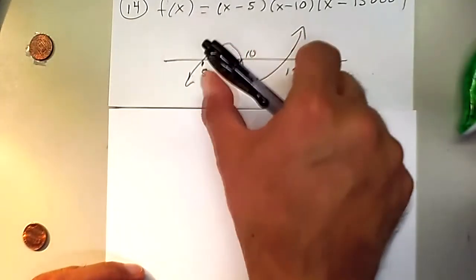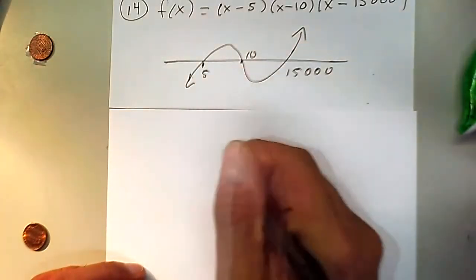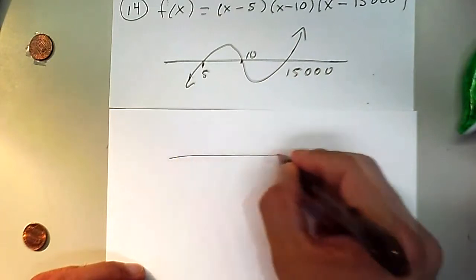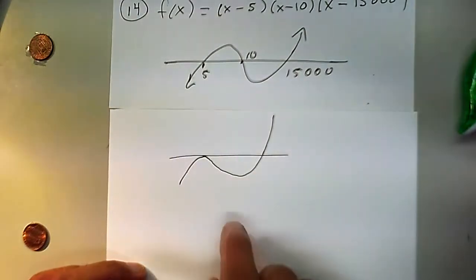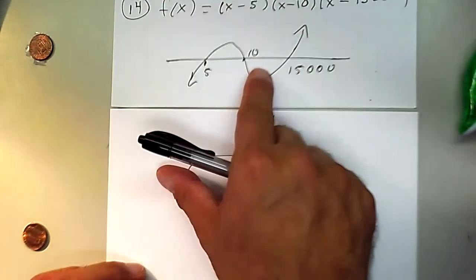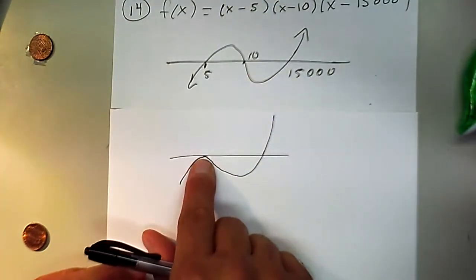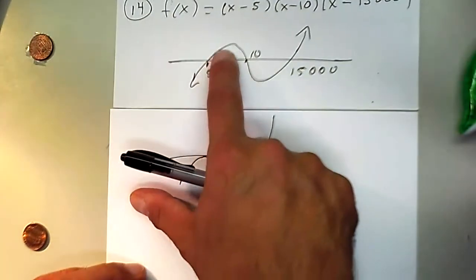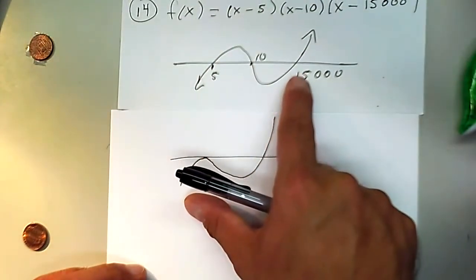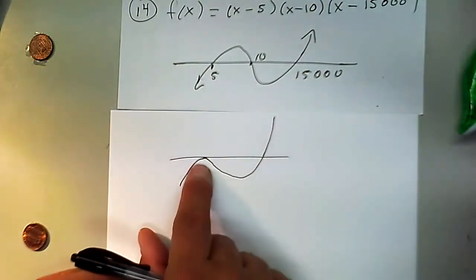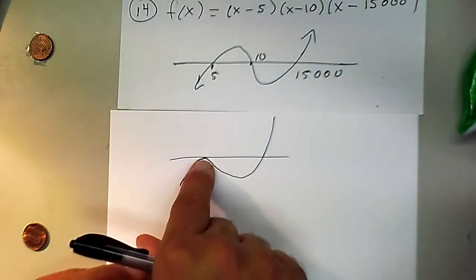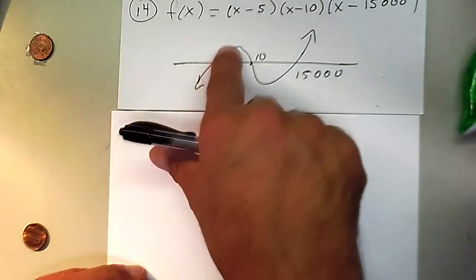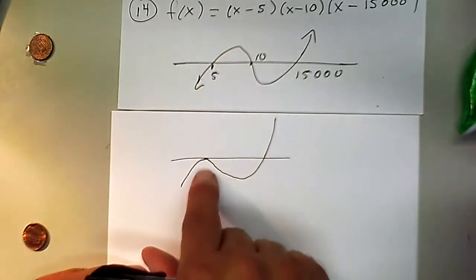If you zoom out so you can see this gap, the graph is probably going to look like this. You're going to be able to see this gap, but you won't be able to see this one because this is so small in comparison to that, in the real picture. It would look like we're just touching the x-axis. We're not actually going through the x-axis.